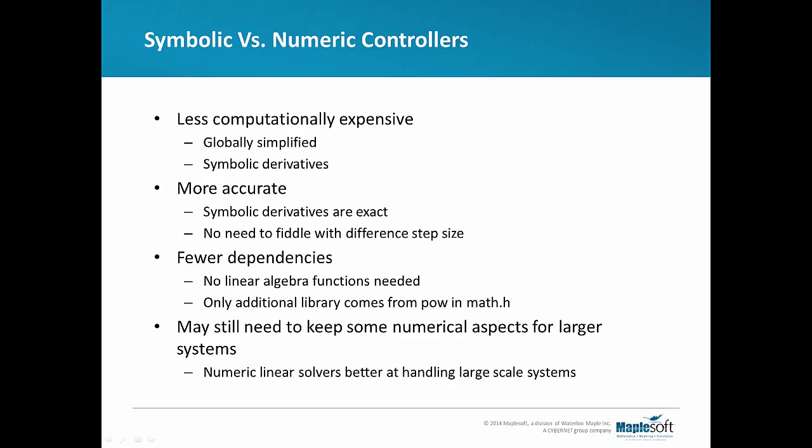But what you can do is you can still break up your computation sequence in one pre-processing step that gives you your A matrix, and then another step that gives you your B vector, and then you can solve for X in your AX equals B system using a numeric linear solver. And those tend to scale better for really large systems. So you can try and mix symbolic and numeric approaches sometimes to really get you something that's highly scalable and that's going to give you the best performance possible.